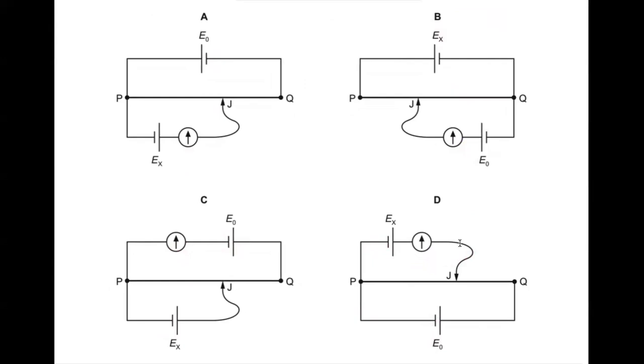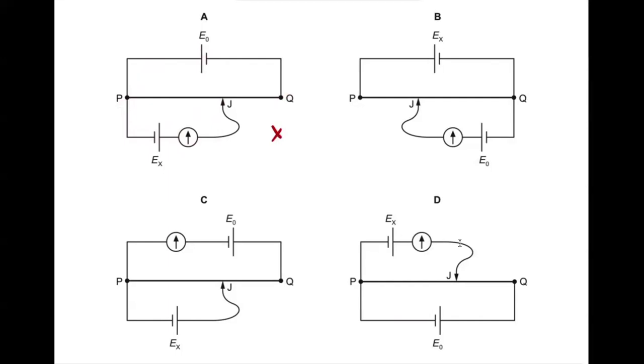So A is wrong because the polarities should be the same poles, the same ends of the cell should be connected together. This is really forming another more powerful cell, which is not what we need. We need the same polarities connected together, so it should be plus plus, minus minus. That's why this is out.